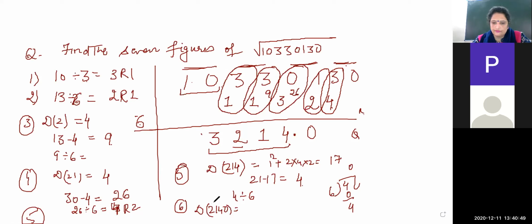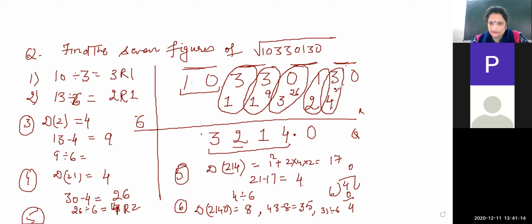2140: 2 2s are 4, 0s are 0, and 2 4s are 8 will come. You know the duplex of a 4-digit number, right? Yes, ma'am. Okay. Then 8 will be subtracted from 43. Anji, what's the answer? 35. Yes. Then the next step is 35 divided by 6.